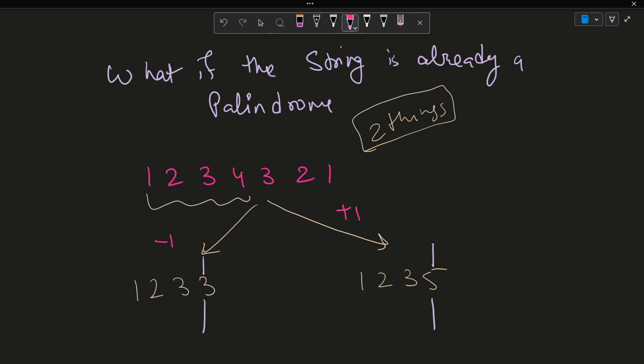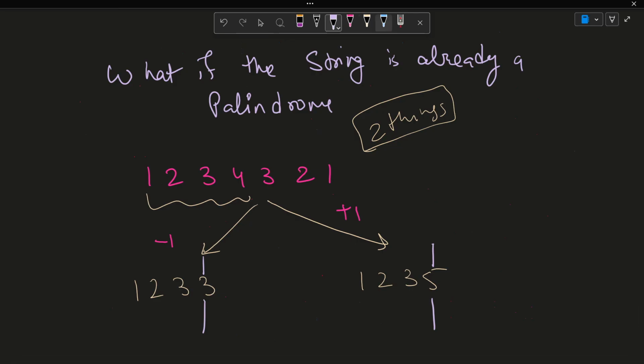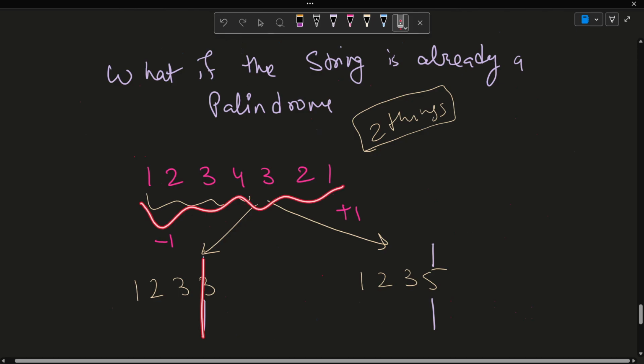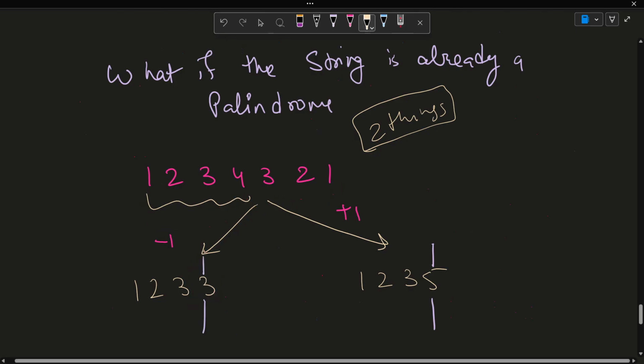Then I'll try to mirror this. Since the length is odd, mirroring would be done like this. You won't consider this value when mirroring. So I'll copy the answer, which is 3 2 and 1, and just mirror it like this, 3 2 and 1.